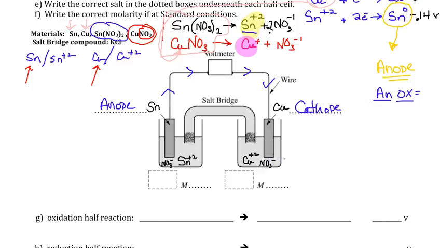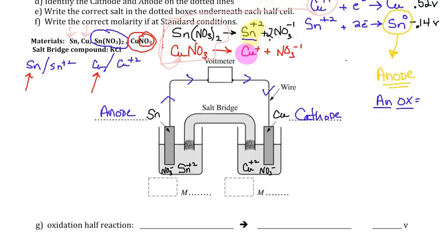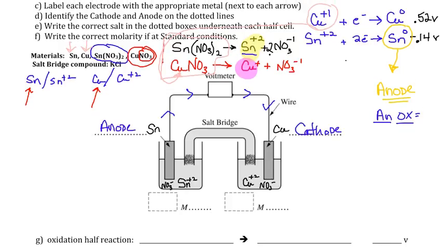Okay, now they also want you to put the correct molarity of the solutions at standard conditions. So these reduction potentials they measured from the standard experiment were done at standard conditions. Those standard conditions are 1 atmosphere of pressure, 298 Kelvin or 25 degrees Celsius, and 1 molar concentrations.